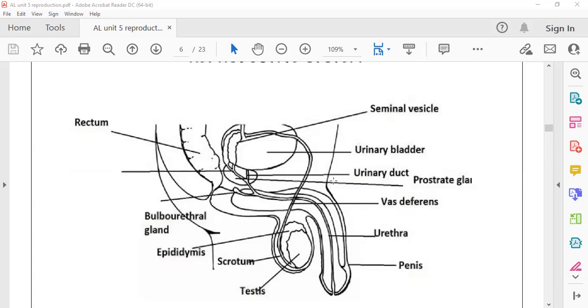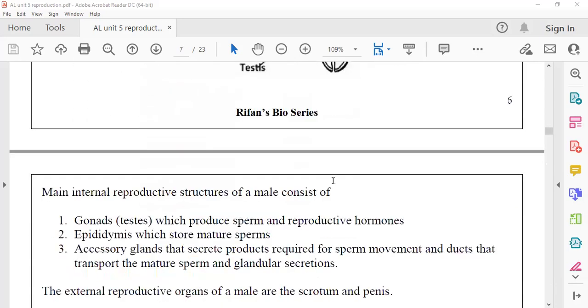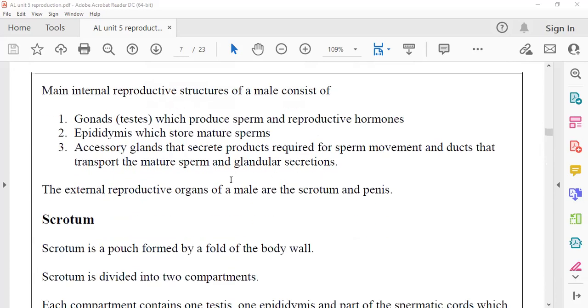So we are going to work on each of them. Before that, here they are asking what the gonads in the male reproductive system are. Which ones are the gonads? Testes. What are the functions of the testis? Produce sperm and reproductive hormones.